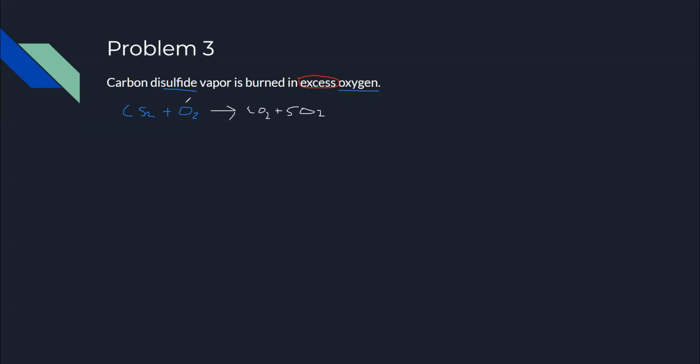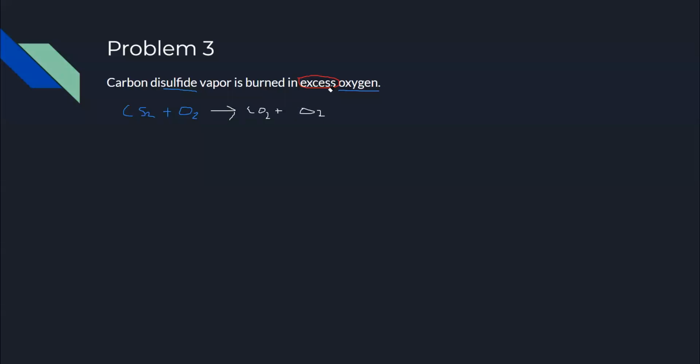The reason is that since we have excess oxygen, once the carbon and sulfide ions break apart, you can use the extra oxygen to create CO2 along with SO2, so there's not much that's wasted.